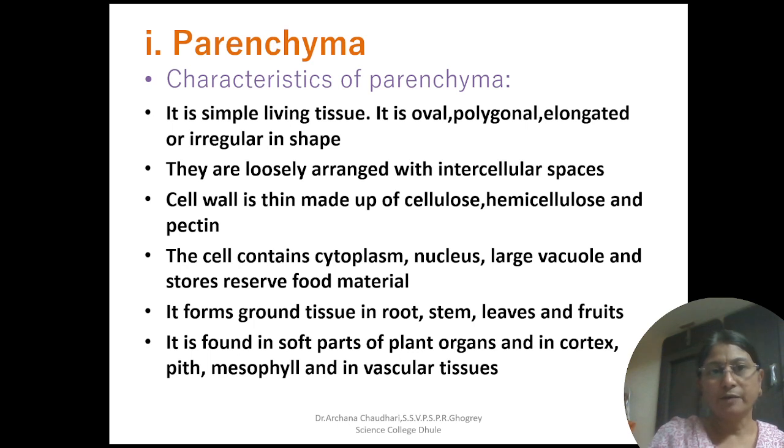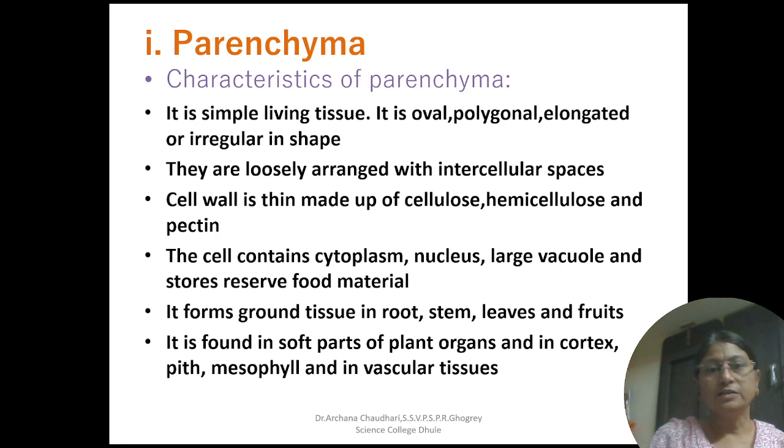The parenchyma characteristics. Parenchyma are simple living tissues. It is oval, polygonal, elongated, or irregular in shape. They are loosely arranged with intercellular spaces. The cell wall is thin, made up of cellulose, hemicellulose, and pectin.